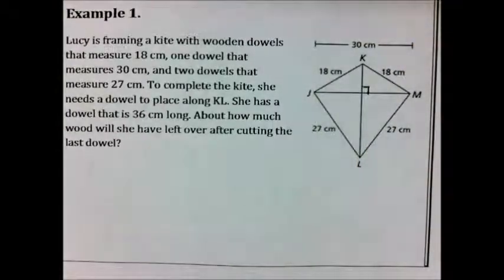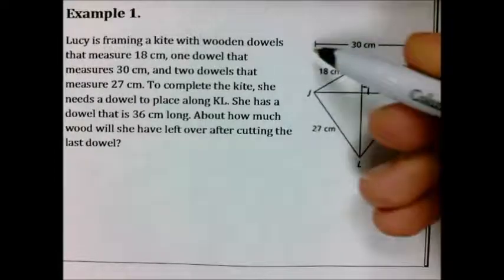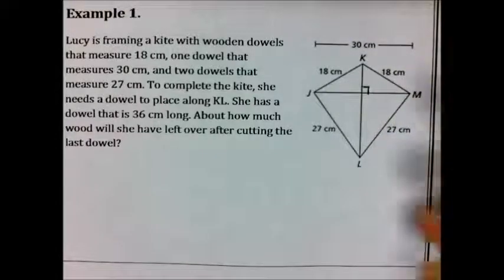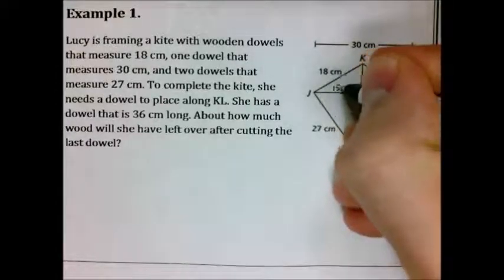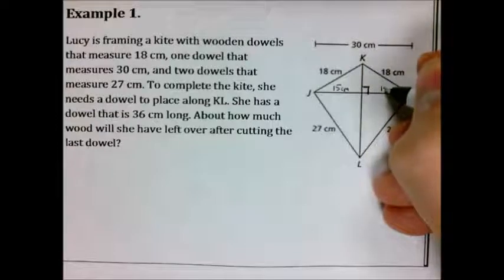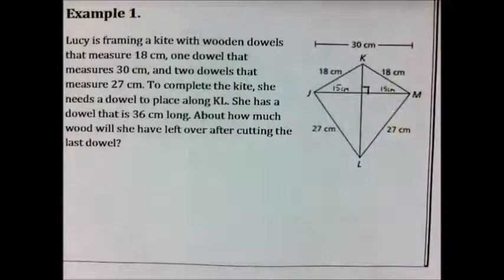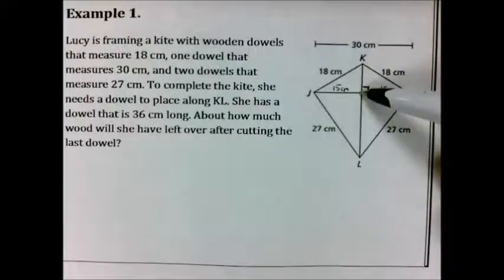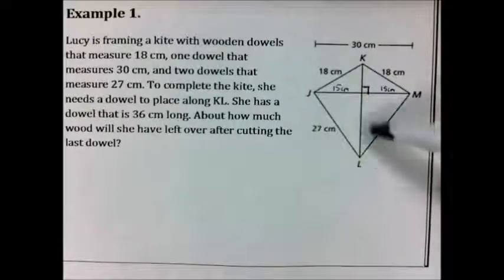We also know that this long diagonal is going to cut this diagonal in half, which means that if it's 30 centimeters, this whole diagonal is 30 centimeters, this has to be 15 centimeters as well as this other side too. So now that we know that, we can figure out, using the Pythagorean theorem, what the distance is from K to this center point, and what the distance is between L and that center point. Then we can figure out all this stuff.